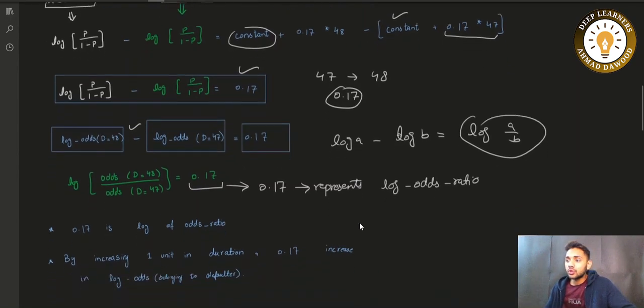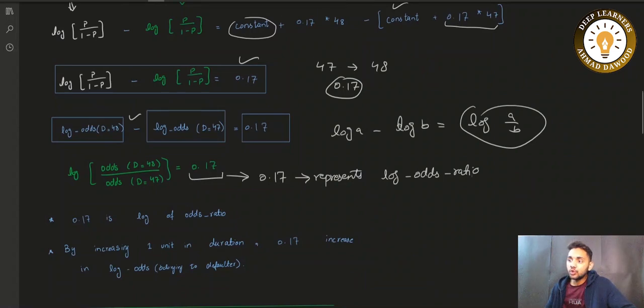Okay. So now you can see by increasing 1 unit in duration, there is a 0.17 increase in the log of odds, and odds is actually p by 1 minus p.